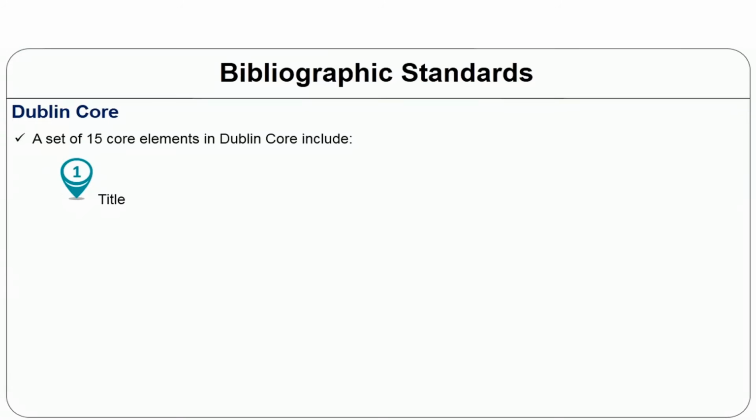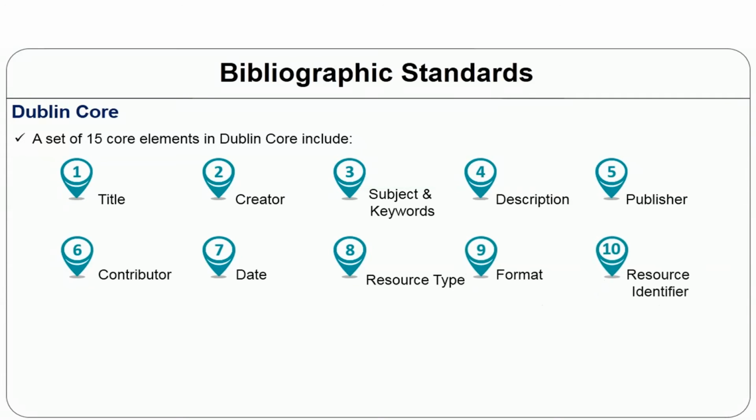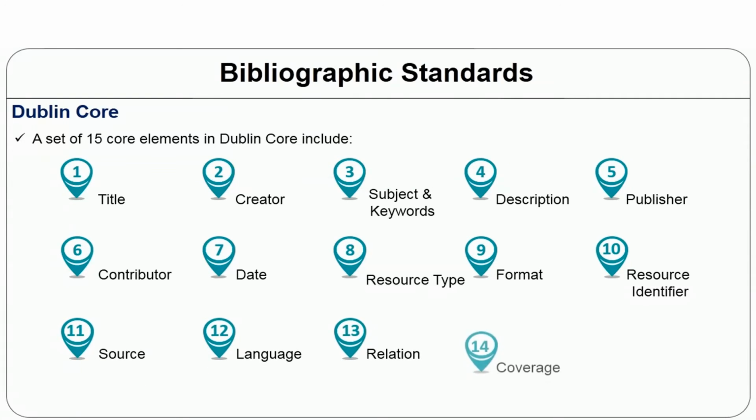So title is the most important. Creator, subject and keywords, description, publisher, whether university or college or whoever the publisher is, contributor, date, resource type, format, resource identifier, source, language, relation, coverage, and rights management. These are the core 15 elements used in the Dublin Core bibliographic standard.